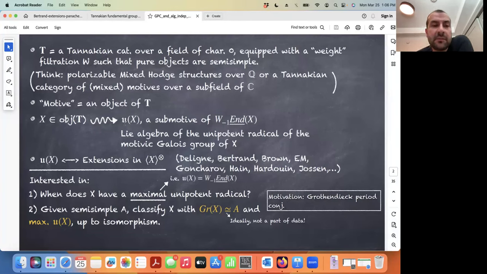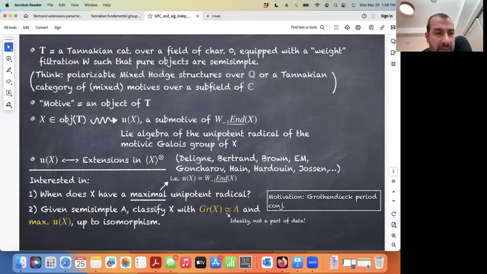This is the motive associated to the Lie algebra of the unipotent radical of the motivic fundamental group of X. If you fix a fiber functor and apply it to this UX, what you get is exactly the Lie algebra of the unipotent radical of the Tannakian group of X with respect to that particular fiber functor.